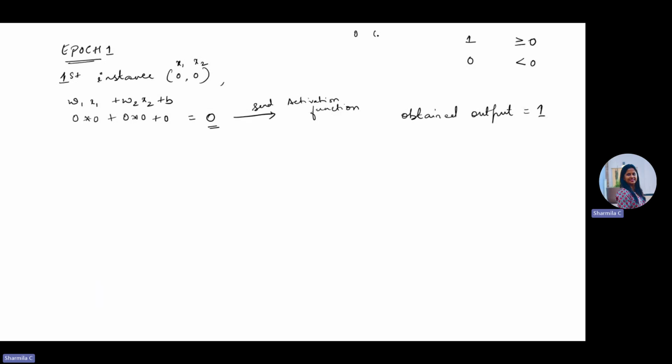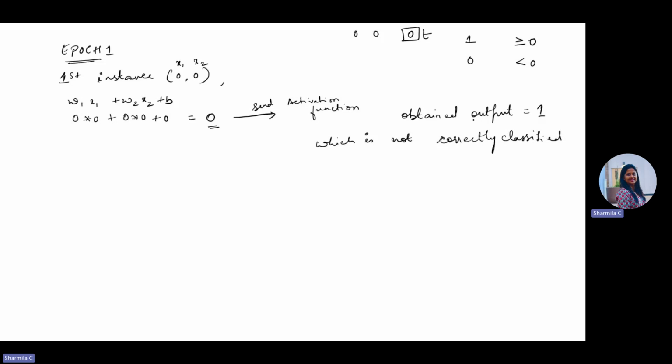This obtained output is not equal to the target output, because when the input is 0, 0 for the OR function, the output we are going to get is 0. So this is my target output, but the obtained output is 1, which is greater than or equal to 0. So it is not correctly classified.